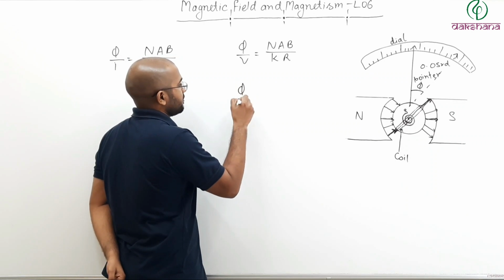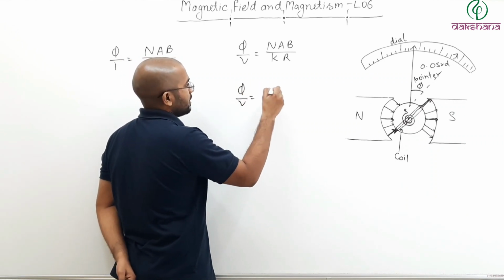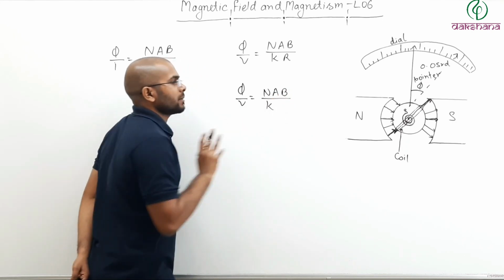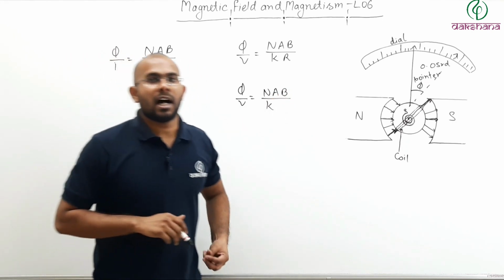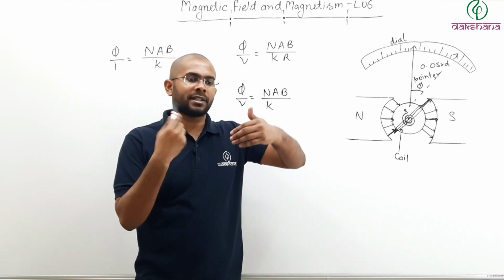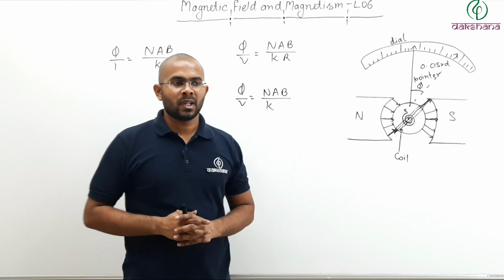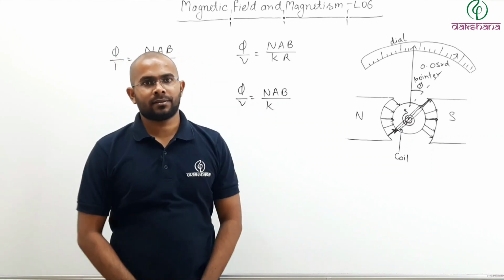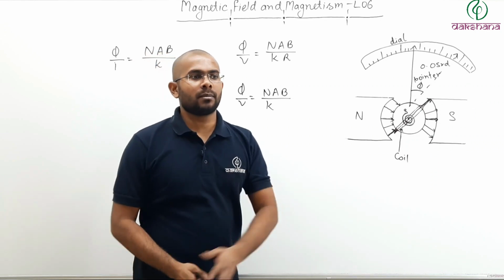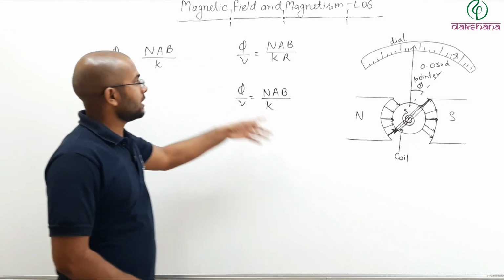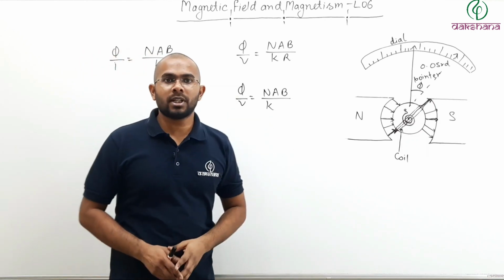So phi by V is equal to NAB divided by K times R. Remember what is R? R is the total resistance of how many turns there are in the coil. Now let us suppose I double the number of coils. So if I double the number of coils, current sensitivity will double. But will the voltage sensitivity also double?